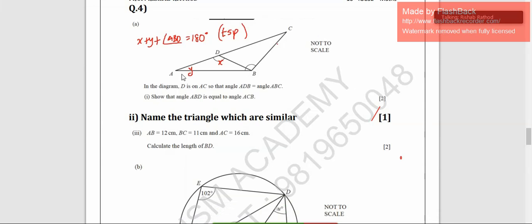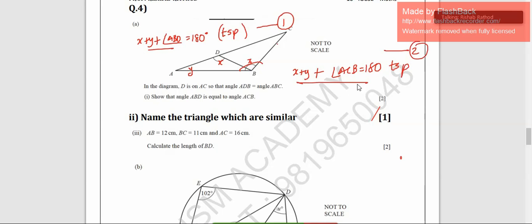Okay. In the bigger triangle, this angle ABC, this entire angle is again X. So X plus Y. So can I say from 1 and 2, these two statements are equal? Means what?